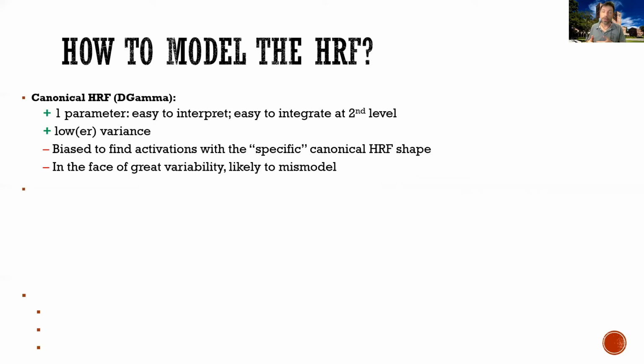So we're biasing ourselves towards finding responses that have the shape of our HRF. And anybody who doesn't match that will get penalized in terms of the resulting magnitude of beta. And finally, given all the data I've shown you about variability within the HRF, it's highly likely that if we just use a canonical HRF, we are mismodeling what's happening.